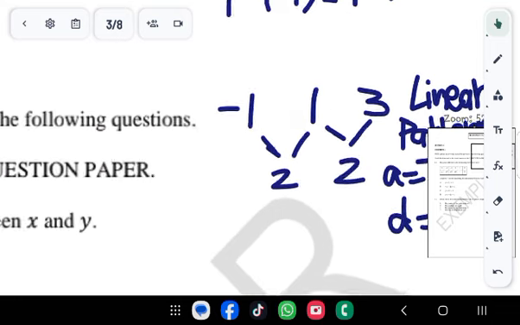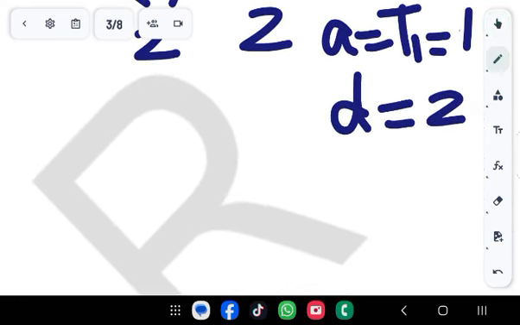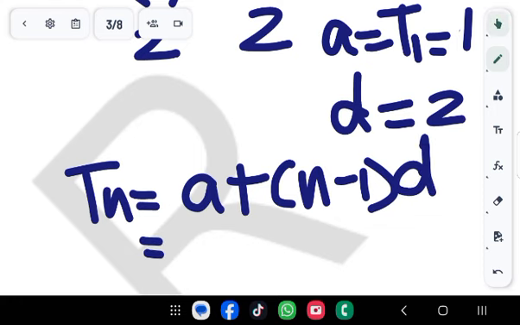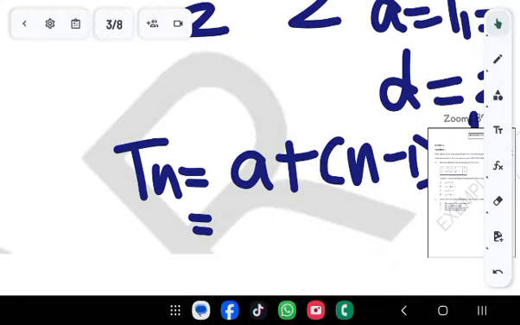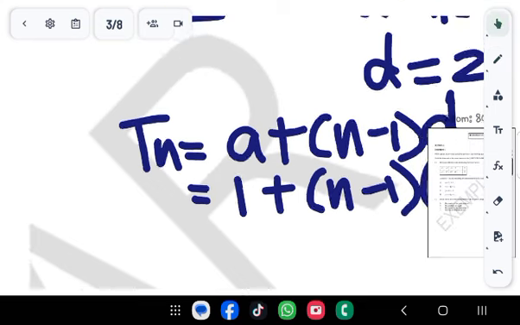Now, here is the general term for the arithmetic or linear pattern. It goes A plus (n minus 1) D. So what do we do? We substitute A and D. A is 1, so we substitute 1 where there is A, and where there is D, we put 2.